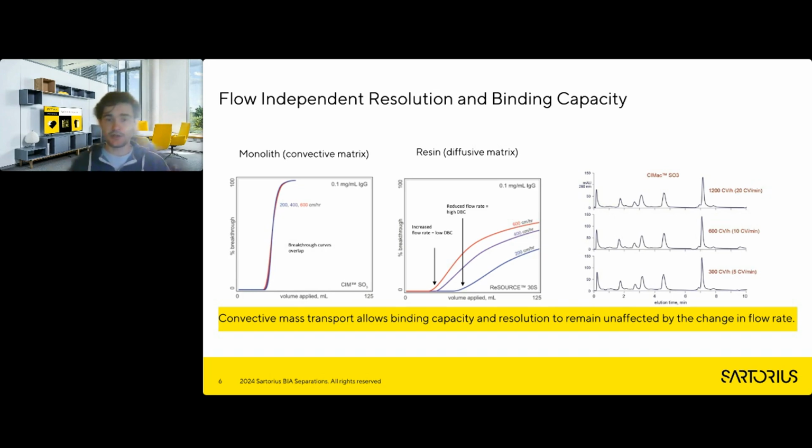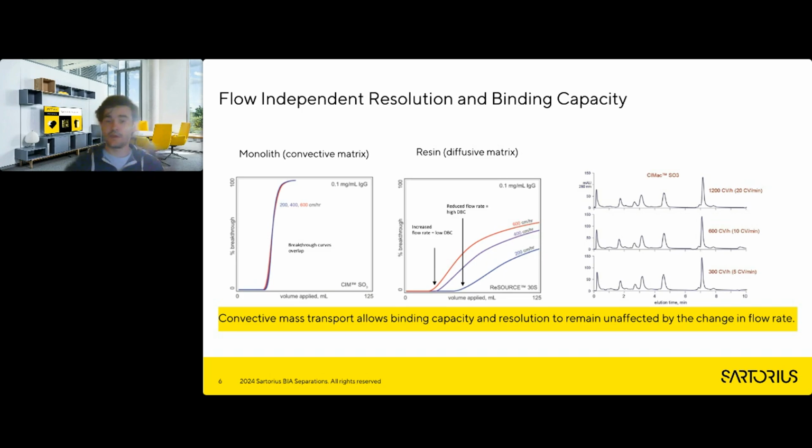With the porous particle column, the faster we ran the column, the lower the binding capacity was. So convective mass transfer allows binding capacity and resolution to remain unaffected by the change in flow rate.